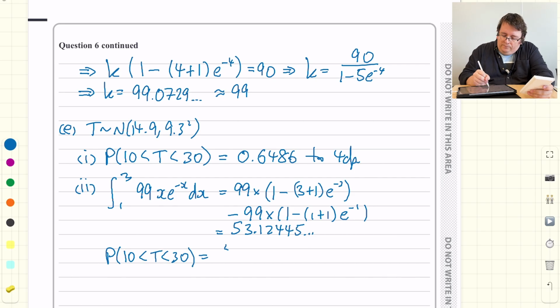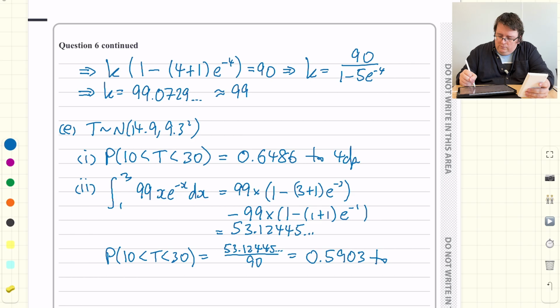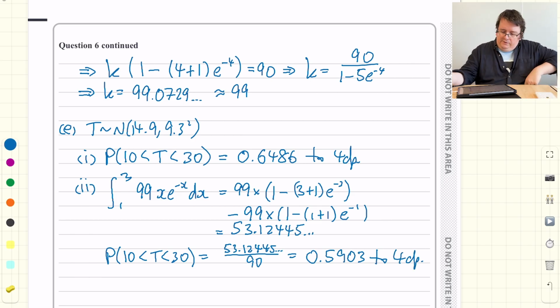So that's out of 90. Remember, that's the total area. And that gets us 0.59027, so 0.5903 to 4 decimal places.